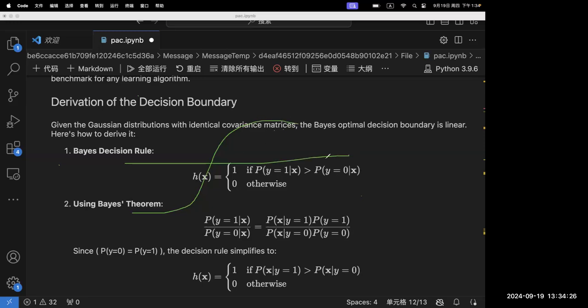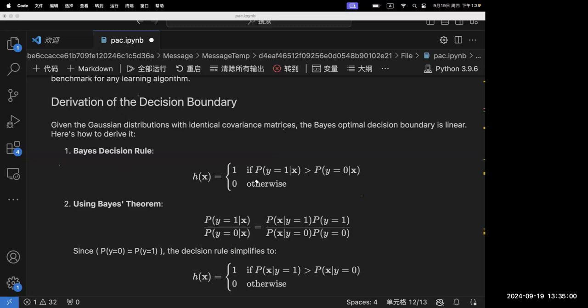If the ground truth label is 1, it means our prediction should be somewhere around this area, so it should be greater than the prediction of this area, right? So we are basically assigning labels based on our prediction. Okay, I think that's quite clear, right? And that's the ground truth decision rule.